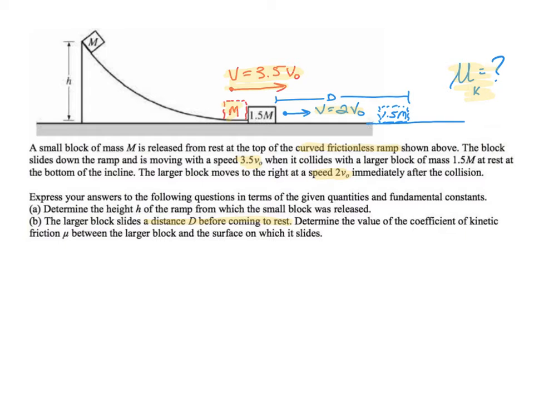I can have v0, I can have h, I can have d, and the fundamental constant, which is g. I can have the letter m for mass, whatever I need. But they're just trying to get you to come up with an expression for that coefficient of kinetic friction.